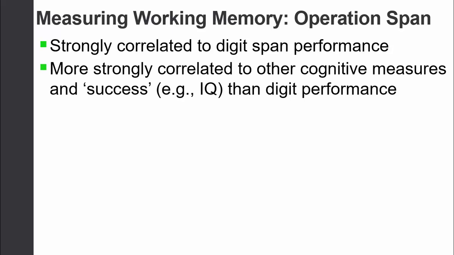So it's not surprising that the operation span or reading span task is a better predictor of things like success and IQ than the digit span, where it's just how much information we can store in working memory at a given time.